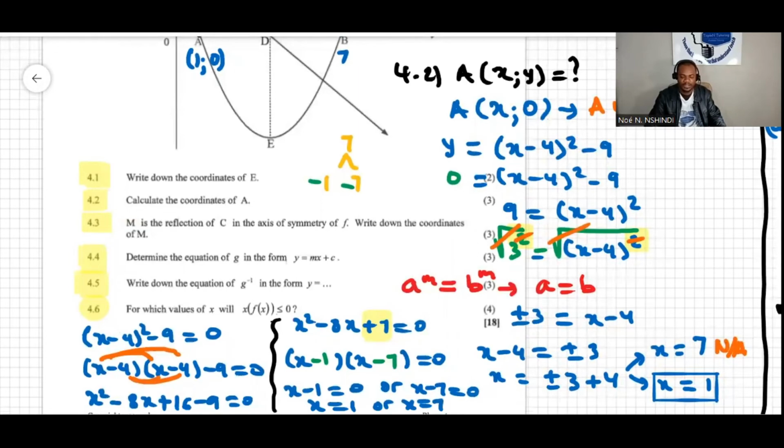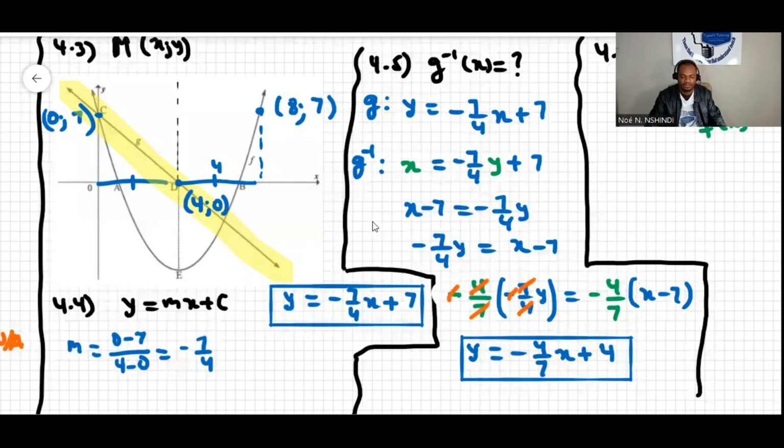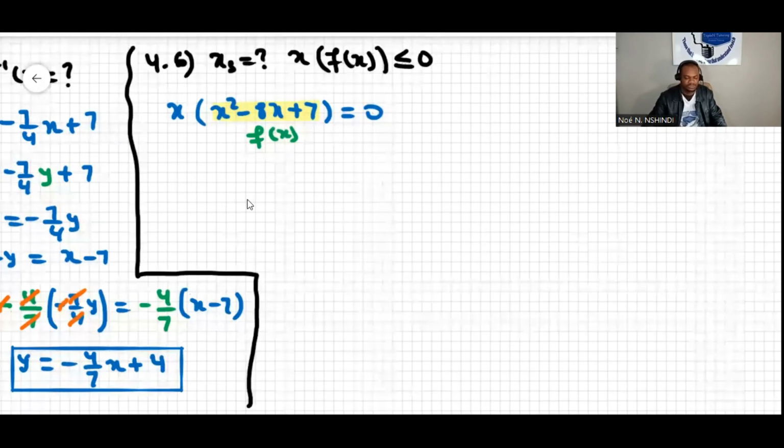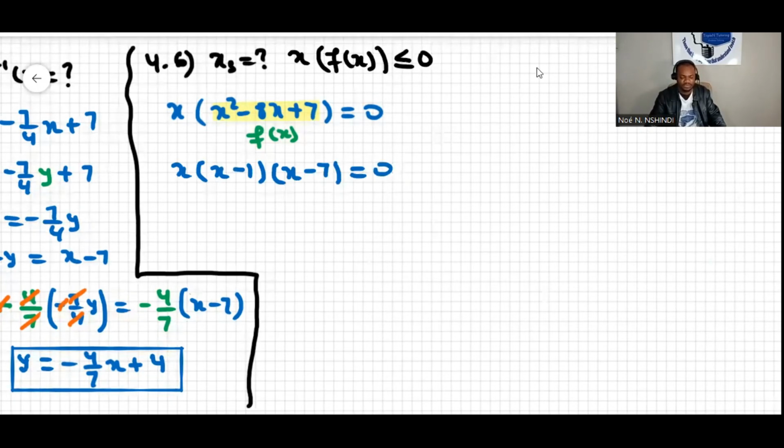So over here, we can continue. We factorize this. It was x minus 1 times x minus 7 equal to 0. If you factorize this, we did it earlier, you can double check.